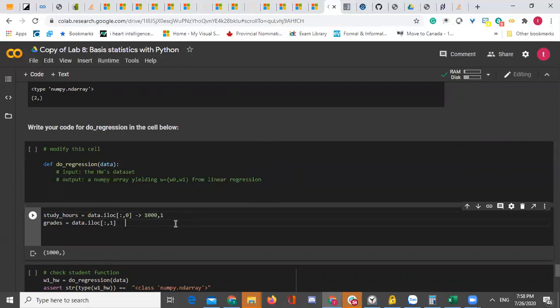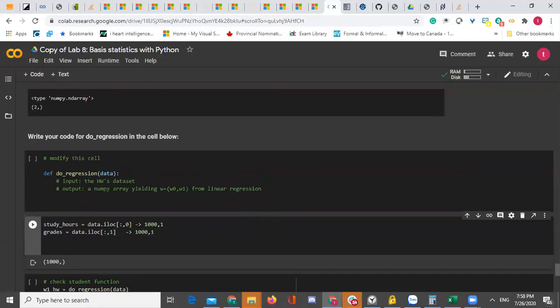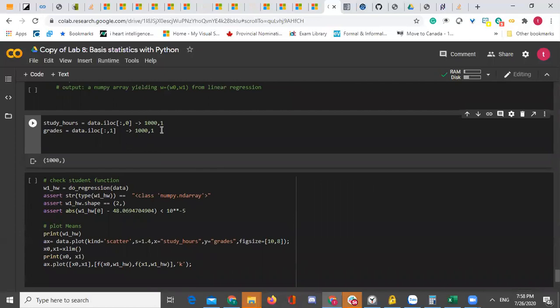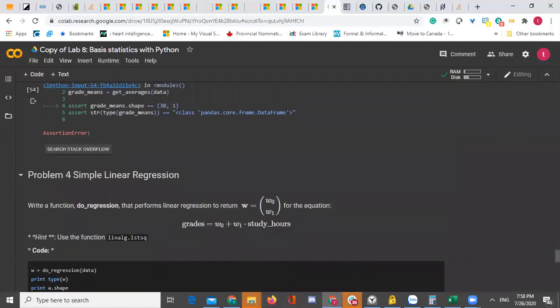This one is also 1,000 rows and one column. So in order for these to multiply together, we need to transpose this. Ah, okay. I get it.